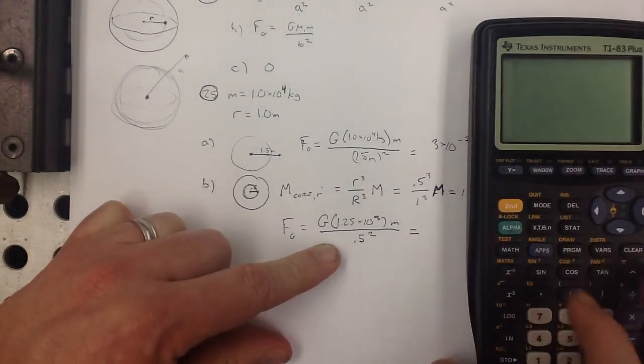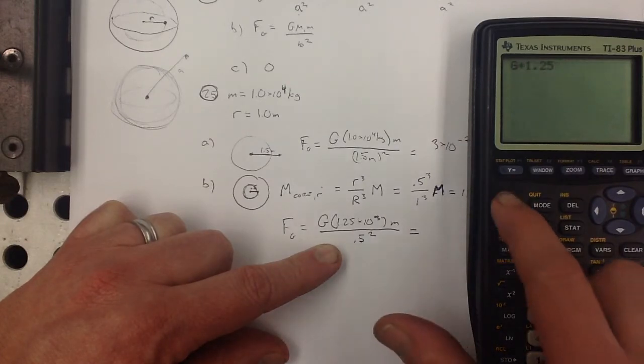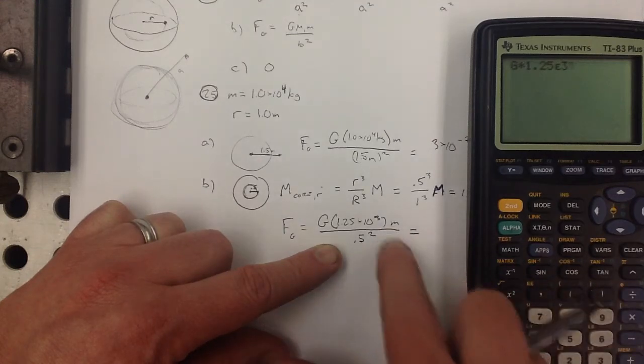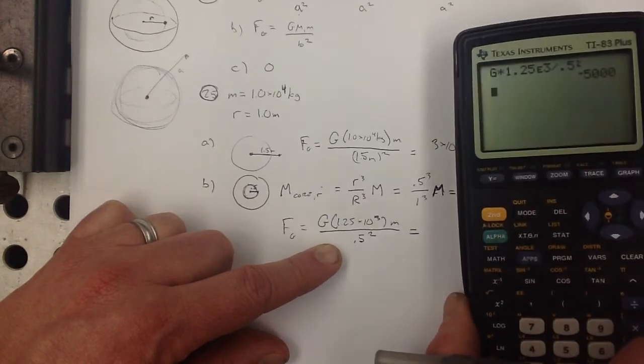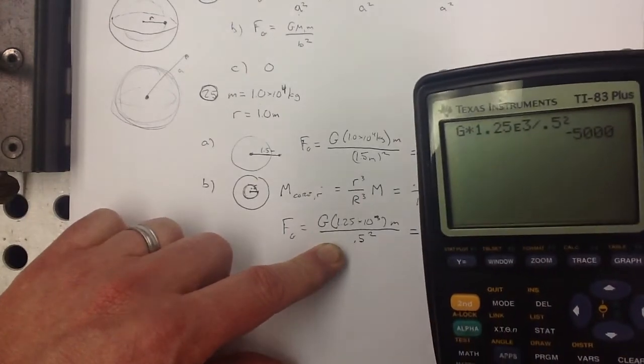So we'll just make sure that we did this right. G times m, and then that's just the variable m, so I'll leave that there, divided by r squared. It gives me, oh, I don't like that.